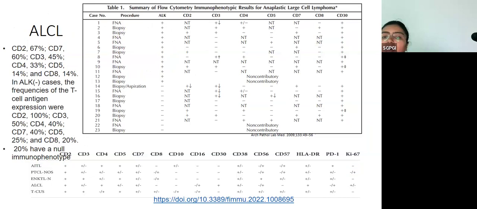And remember that for ALK1, you can have a situation where 20% of the tumors may not express any of the T cell antigens. So just doing flow, they can also be 45 negative. So sometimes when you start doing a T cell lymphoma, you gate only on the 45 positive cells, leaving the 45 negative cells behind. So keep that in mind when you are assessing any T cell proliferation.